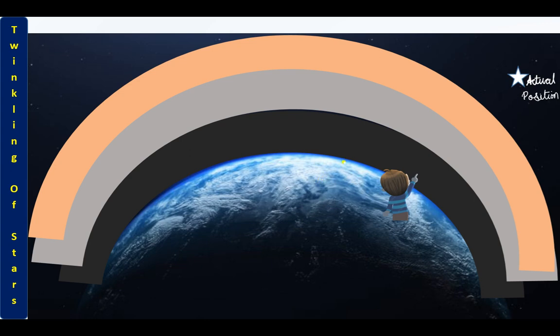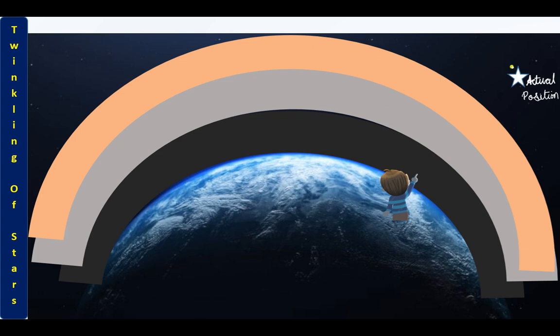On the surface of the earth, what is the temperature that we feel around us? 40 degrees Celsius, 50 degrees Celsius. Suppose when we talk about surface, 60, 70 degrees Celsius. But the temperature of these stars and sun is in thousands of degrees Celsius: 2000, 3000, 4000 degrees Celsius. Their temperature is quite more.